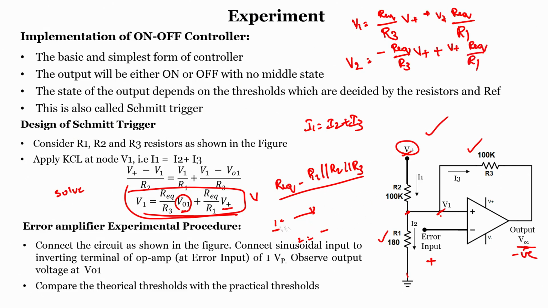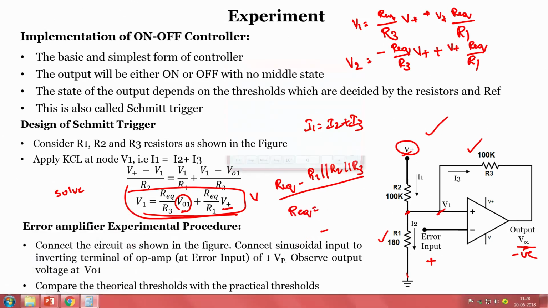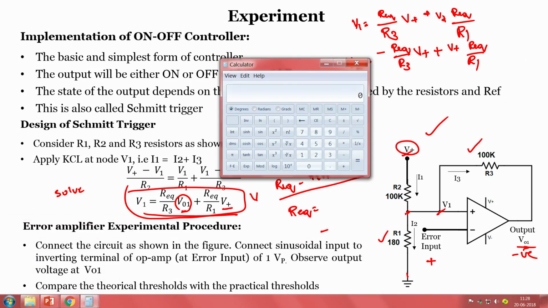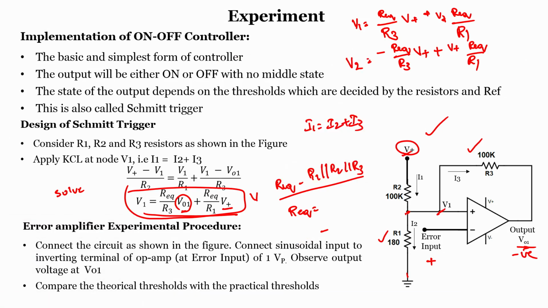We know that R1, R2, R3 values are 100, 100, 180. So, when we calculate the R equivalent value, 1 by R equivalent is equal to 1 by 180 plus 1 by 100 plus 1 by 100.